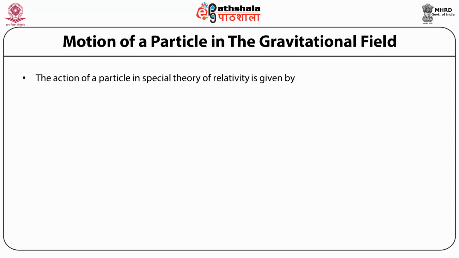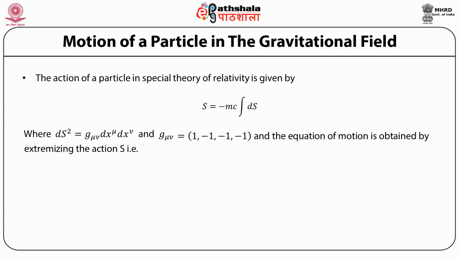The action of a particle in special theory of relativity is given by S is equal to minus mc into integral over ds, where ds square is equal to g mu nu into dx mu into dx nu, and g mu nu is equal to 1 comma minus 1 comma minus 1 comma minus 1, and the equation of motion is obtained by extremizing the action S, that is delta S is equal to minus mc delta into integral of ds equals 0.